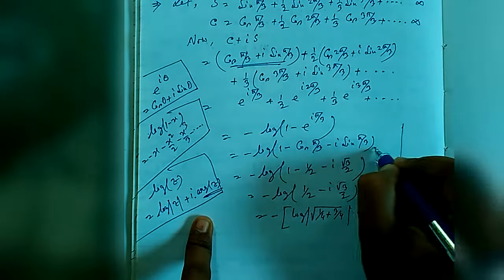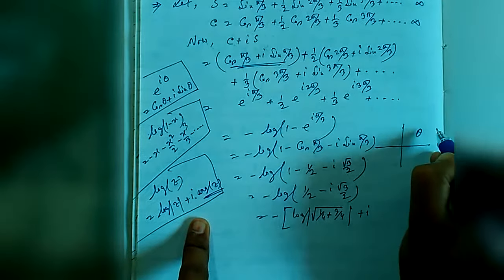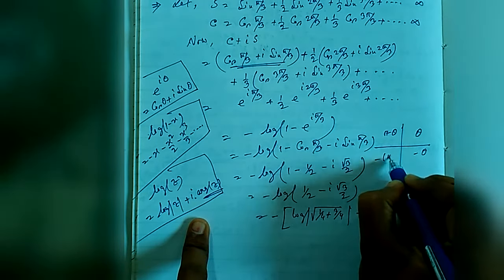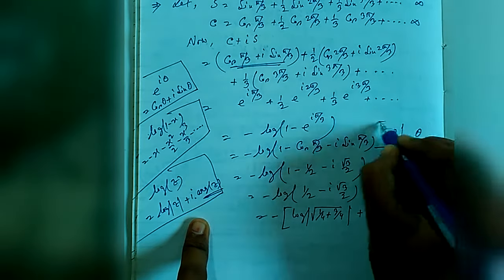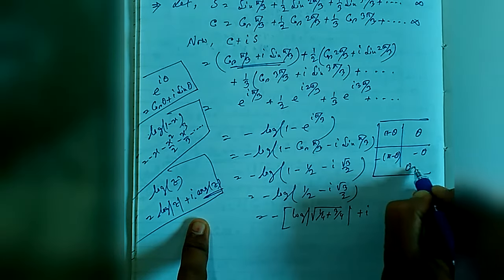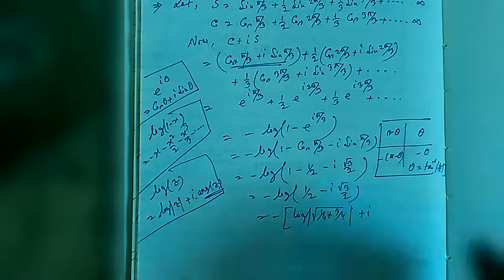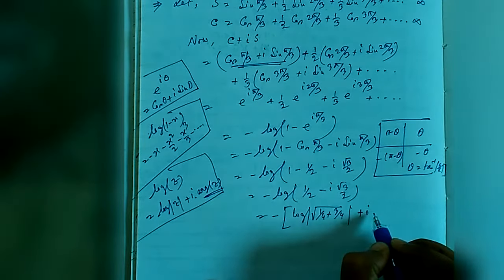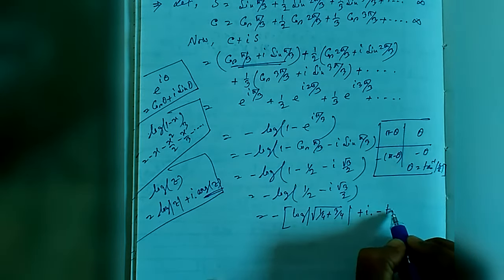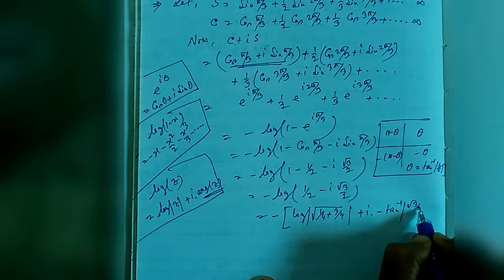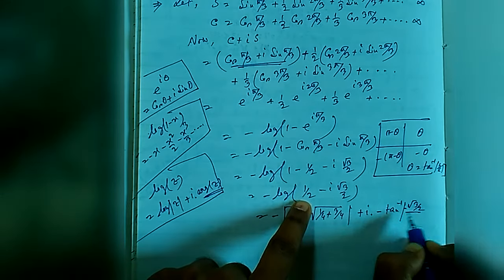We know from my argument video what this will be: theta, minus theta, in the second quadrant pi minus theta, and in the fourth quadrant minus of minus theta. Theta equal to tan inverse mod of b by a. Therefore this is fourth quadrant, so this will be minus of tan inverse mod of b by a. b means root 3 by 2, a means half.